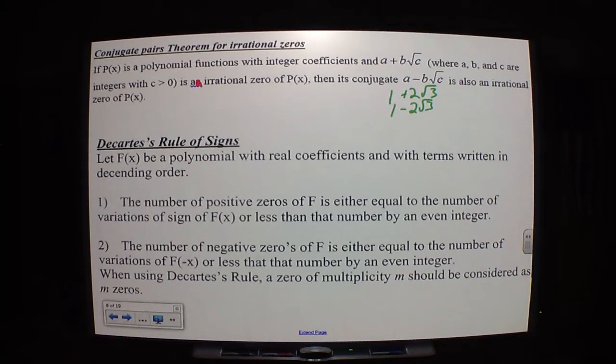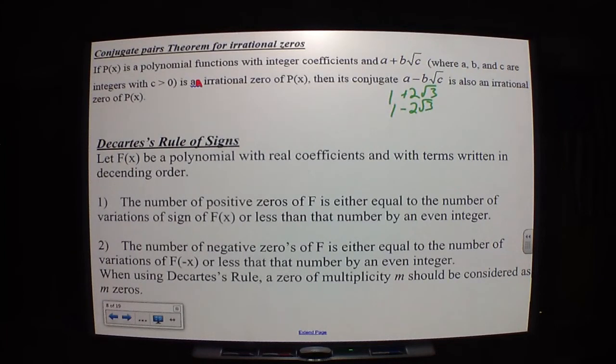Descartes' rule of signs says for a polynomial f of x with real coefficients and terms written in descending order, the number of positive zeros is either equal to the number of variations in sign of your f of x or less than that by an even integer. And I will do some examples so you'll understand what that says.